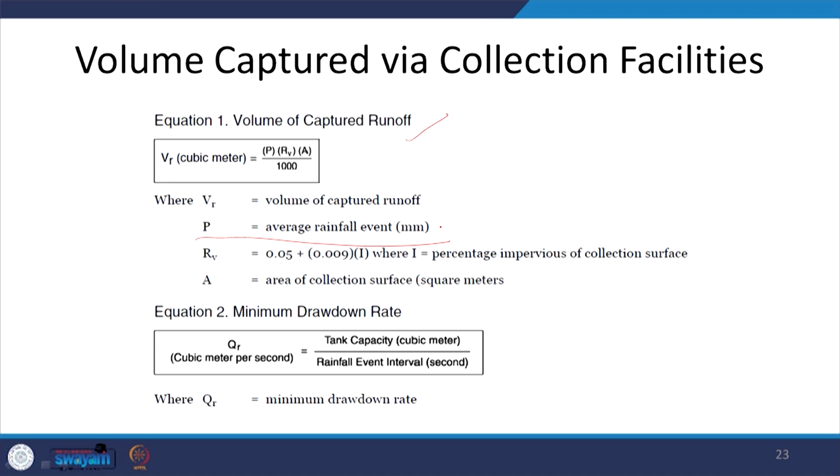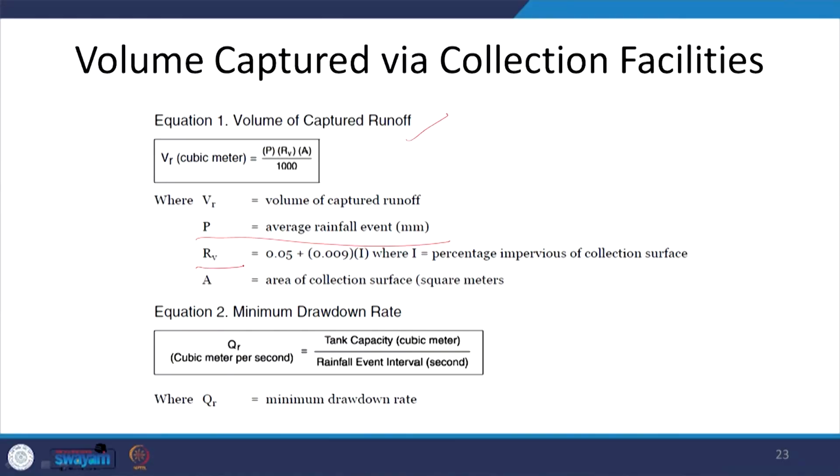Dry places which have less rainfall will not have as much problem as compared to the warm and humid areas which receive a lot of rainfall. And then there is the runoff coefficient, which is directly dependent upon the imperviousness of the surface. Higher the imperviousness, higher the runoff coefficient, which we have seen in the previous table as well.